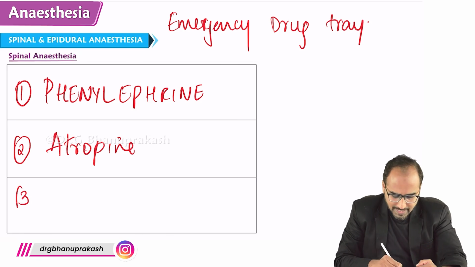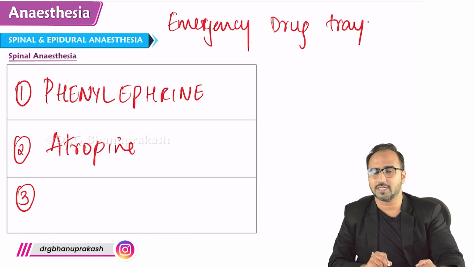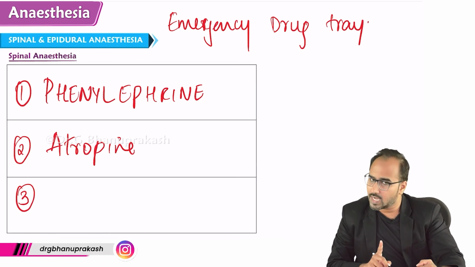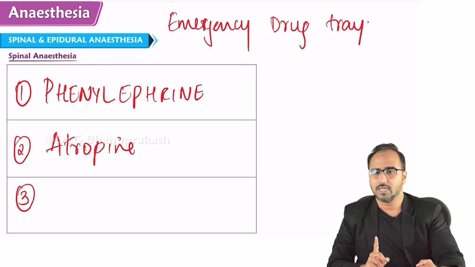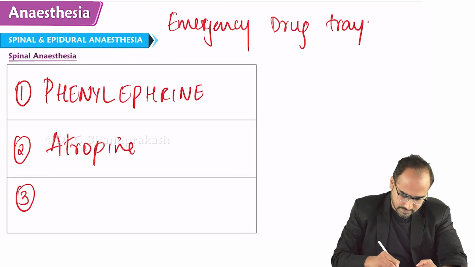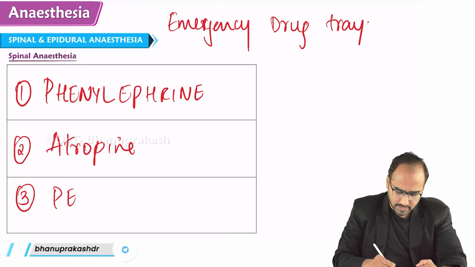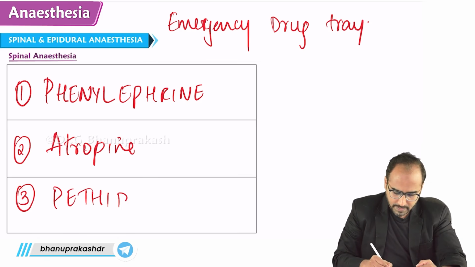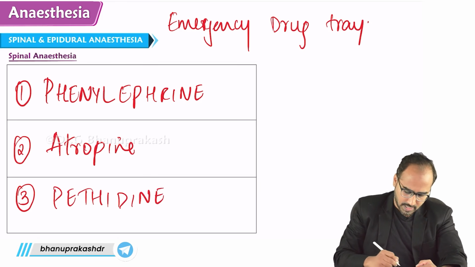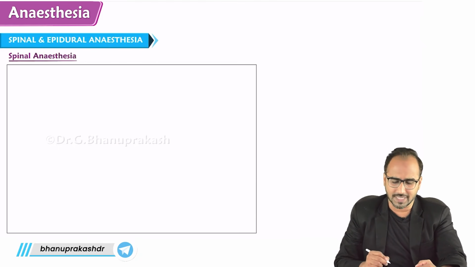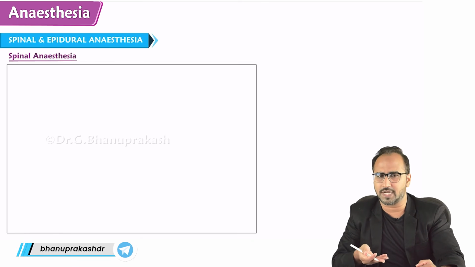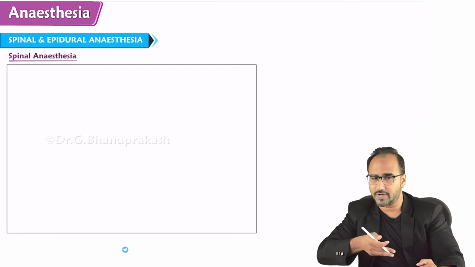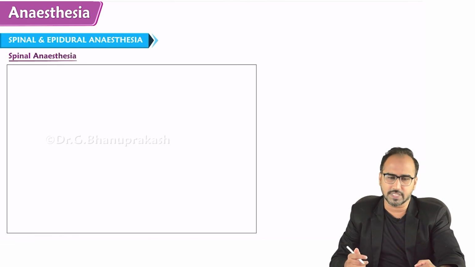The third drug that I keep in the emergency drug tray is pethidine. The last column is a continuation of the same tray, it doesn't mean that the tray is different.